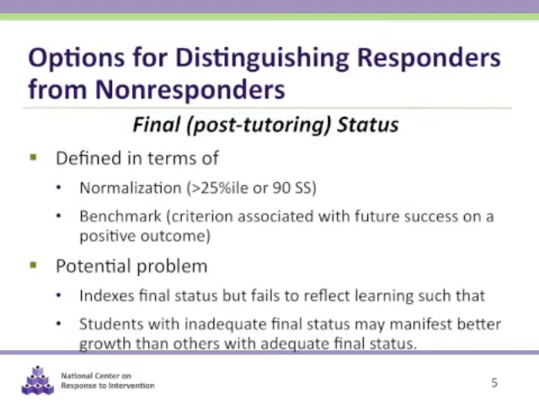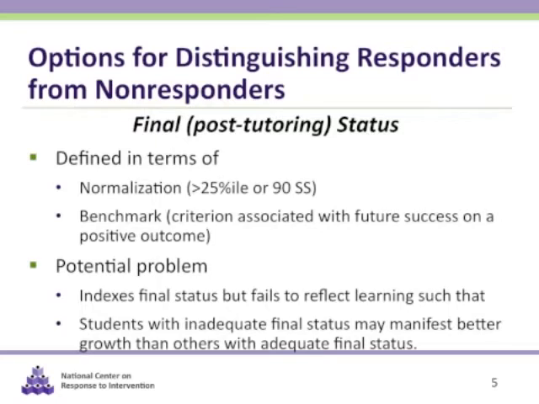One popular method for designating response is to use a student's final status after tutoring ends. And often, final adequate status is defined in terms of a normative framework, and a popular criterion for designating response is that the student perform above the 25th percentile, which is a standard score of 90.